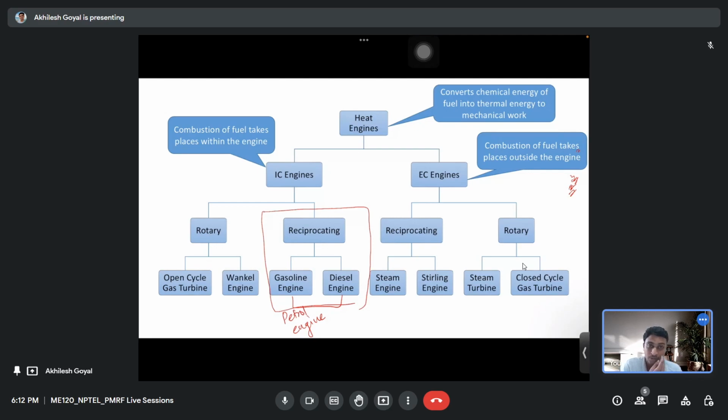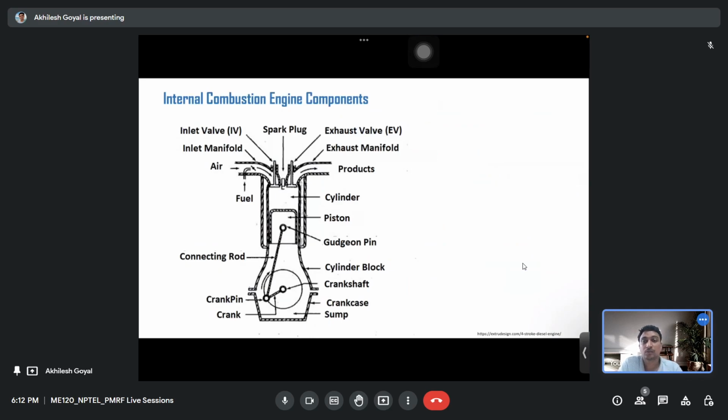Okay, so now we will be talking about internal combustion engine. So what are the main components of the internal combustion engine? If we see the main components here, this is a very basic diagram of an internal combustion engine.